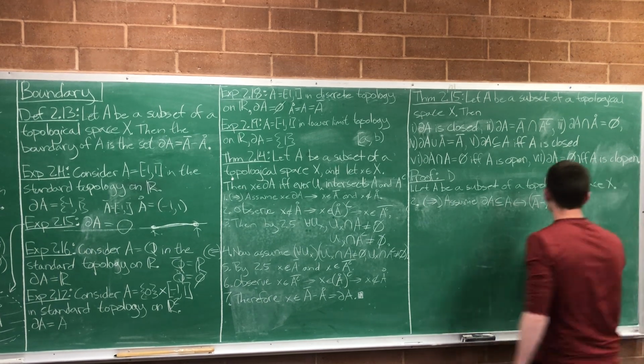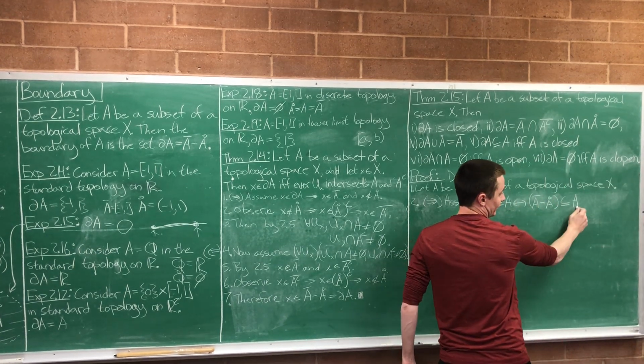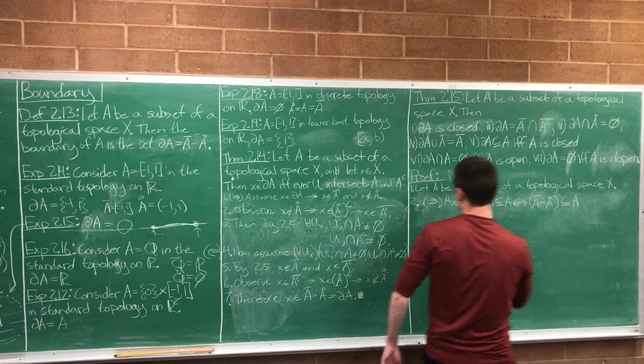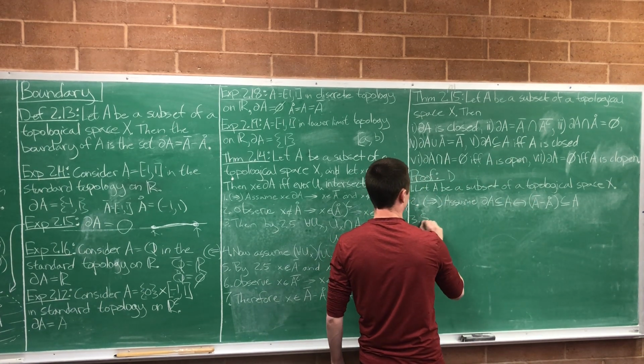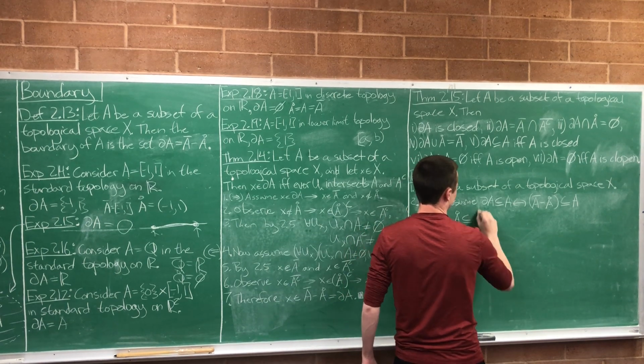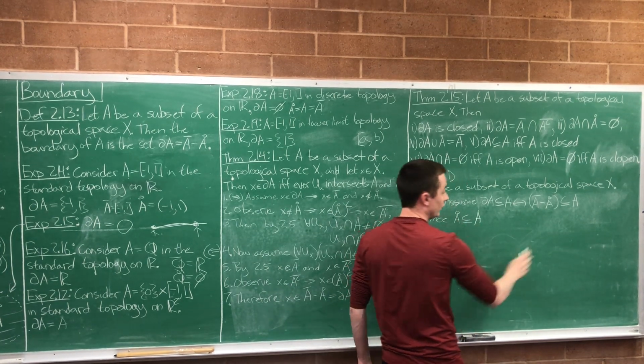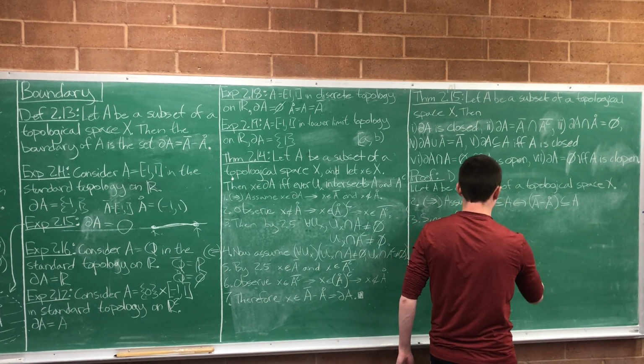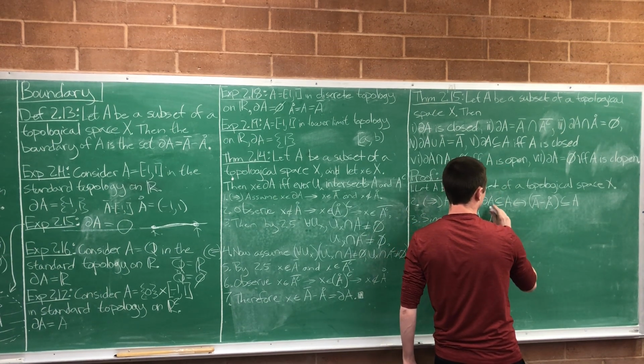Yeah, I think so. In other words, since A interior is a subset of A, we already knew that all these points were in A, then the closure must be a subset of A.